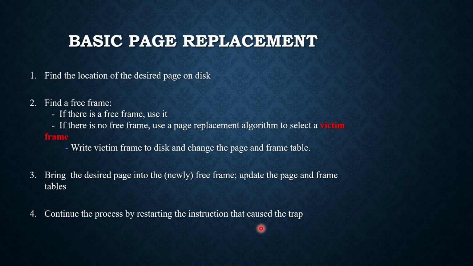So the same logic, in a real-time example, you can relate to this page replacement algorithm. See, suppose in a bus only 25 seats are available, and 25 persons are sitting in the 25 seats, right?